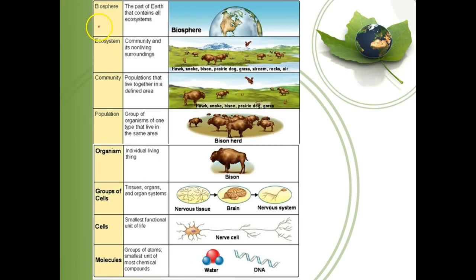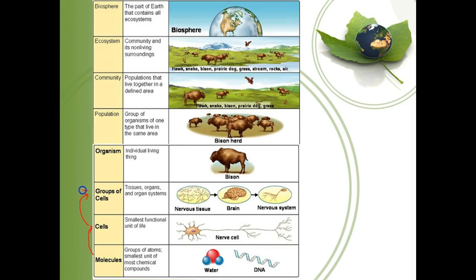Here's another way to look at it. If we start down here at a molecule, because you remember from early in the year that smaller molecules make up compounds, and then cells are made up of molecules. So molecules make up cells. Cells are the smallest functional unit of life. They are the basic unit of life. Groups of cells make tissues.